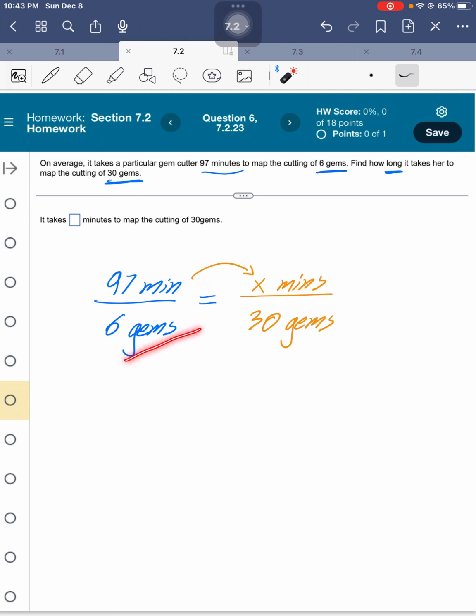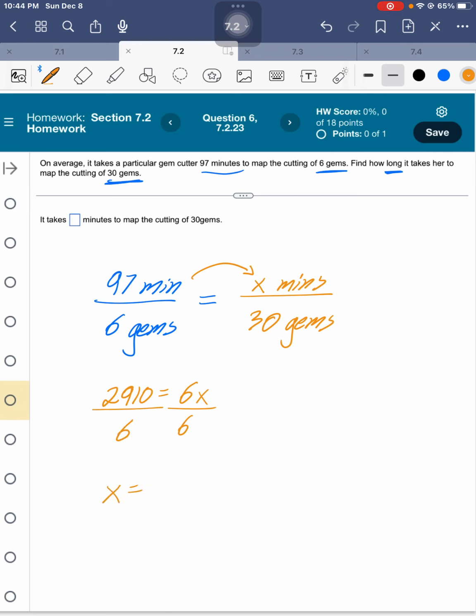Since there's an equal sign, we have to cross multiply. We're going to cross multiply our means and our extremes. I'm going to use my calculator here. What is 97 times 30? That is 2910 equals 6x.